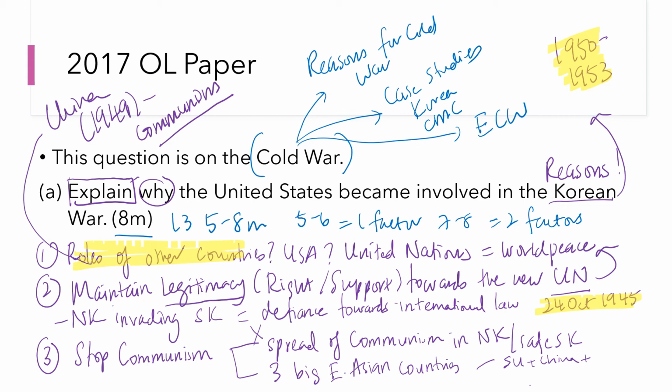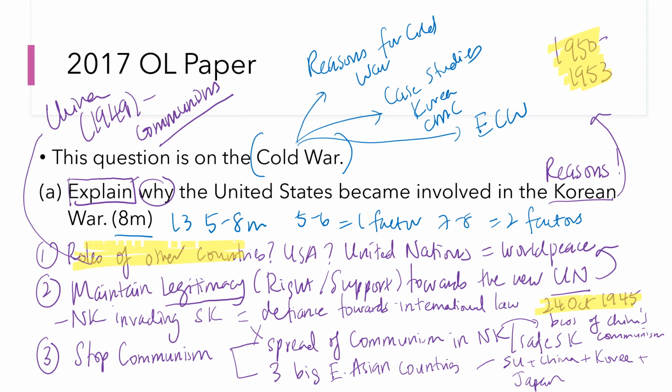As well as Korea, as well as a possible Japan. Okay, so one of the most important things and the main aim is definitely to stop the spreading of communism in North Korea because of China's communism. Okay, so this is just a rough guide for you to remember certain things.